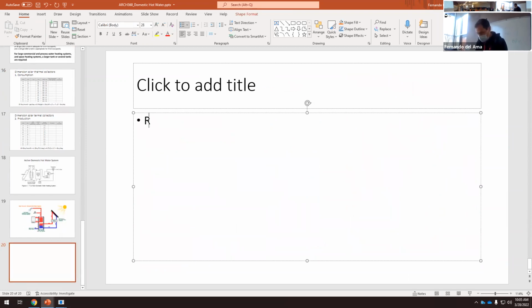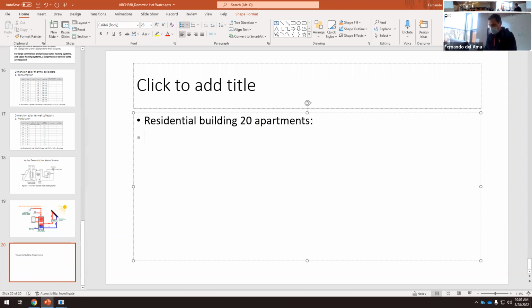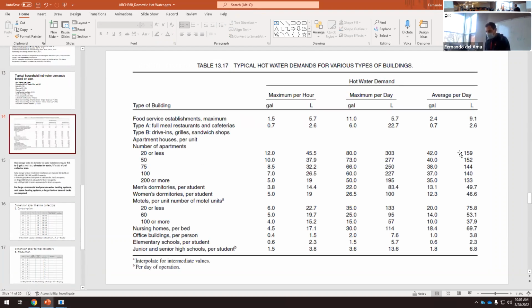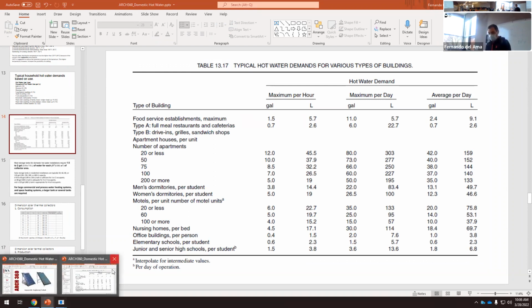We are working with a residential building, 20 apartments. How many gallons per apartment? If we have 20 apartments, we can say 40, 42 gallons per day.